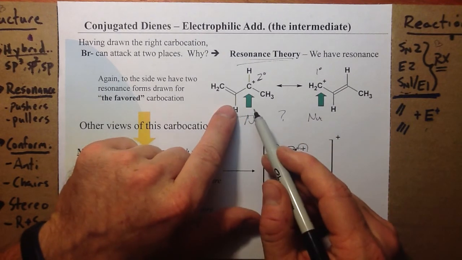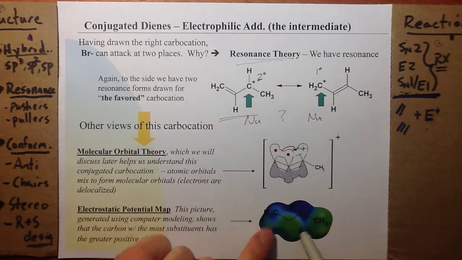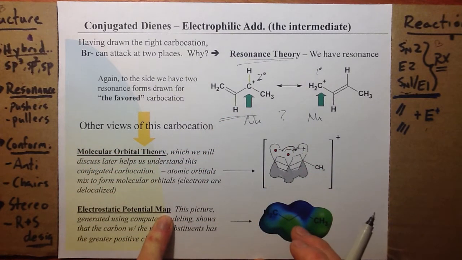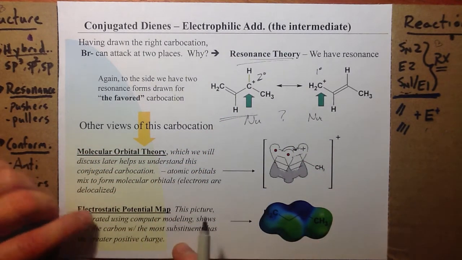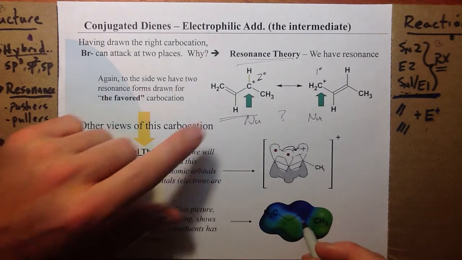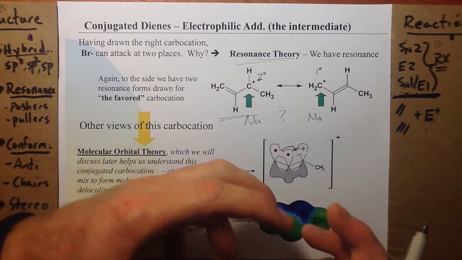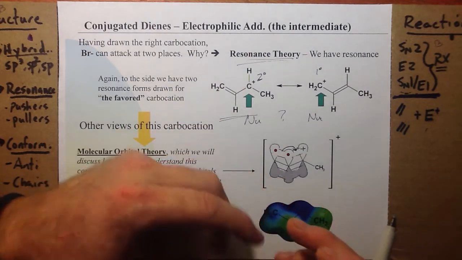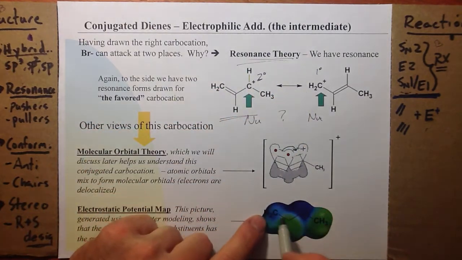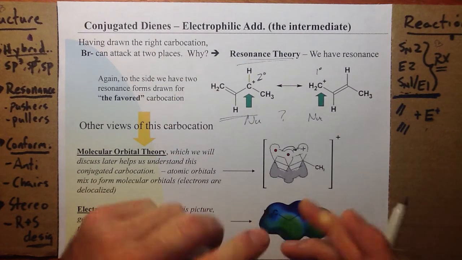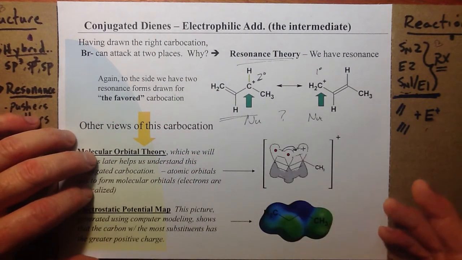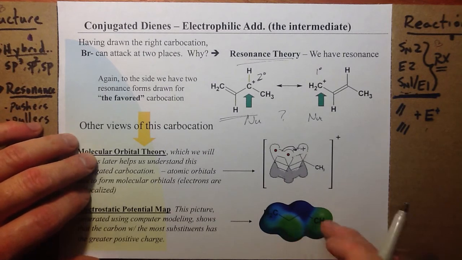Now again, we said this is a greater contributor, so that's kind of reflected in what's called electrostatic potential maps. This picture is generated using computer modeling. It does show this carbon that's interior to be expressing more of that empty p orbital state where it's really between two, and this has just a little bit of blue. Blue is always a lack of electron density. Red is always an excess, so we're kind of in between with the green.